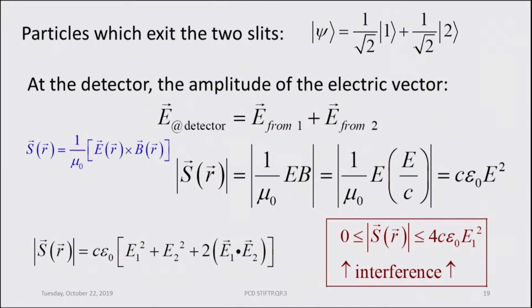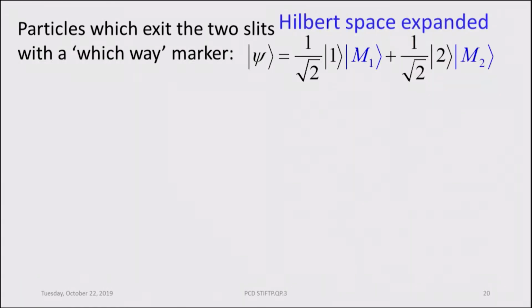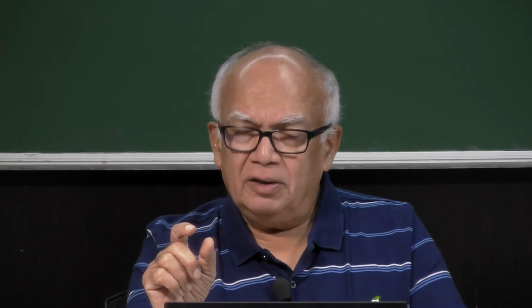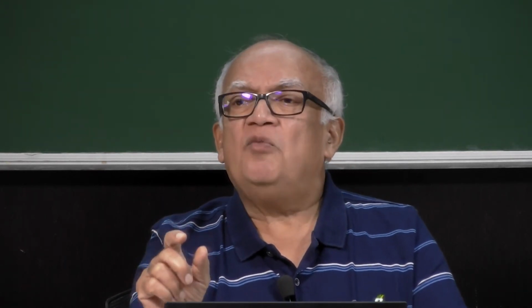Now, what the which way experiment does is it expands the Hilbert space. So, now you have a marker, the which way marker, whose states in the vector space are denoted by states m1 and m2.